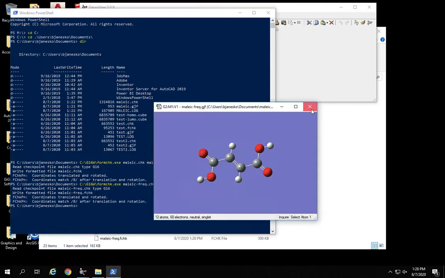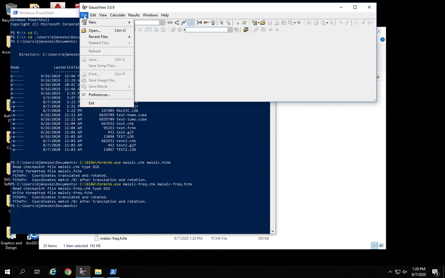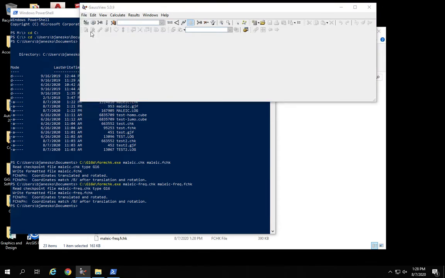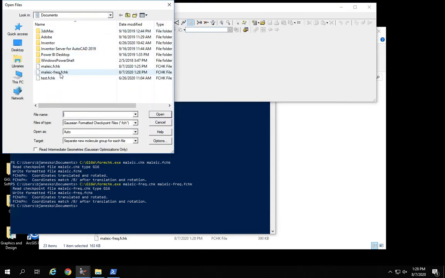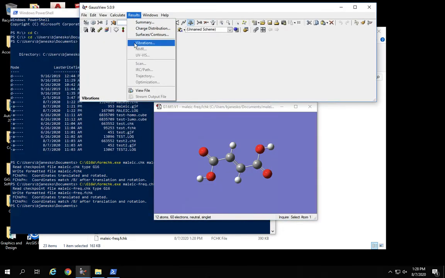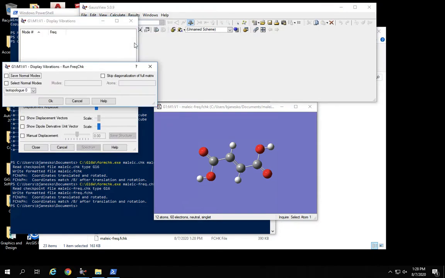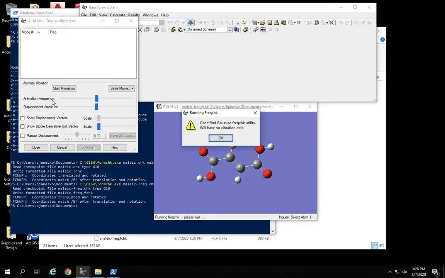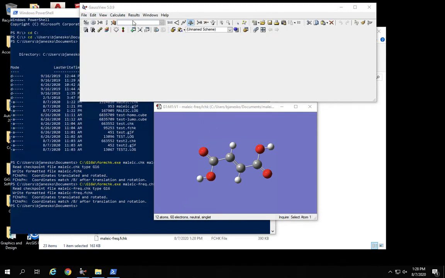Now I can open in GaussView the vibrational frequencies. And I can go to my results section and I can look at things like that. That's going to take some work later. I can ignore that for now, but I have the same geometry.